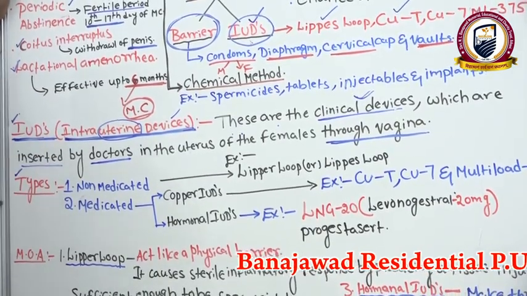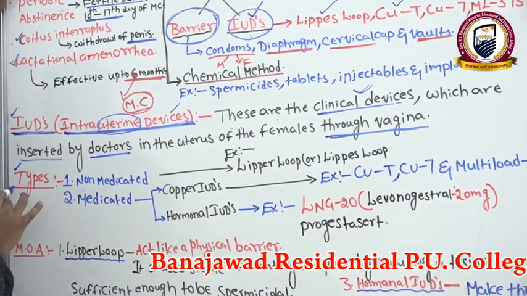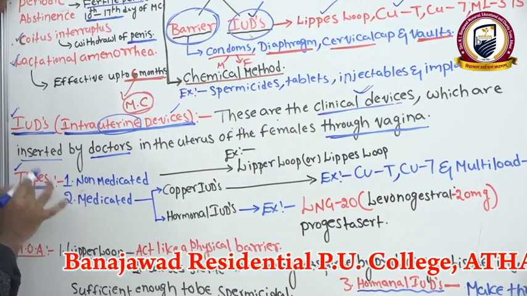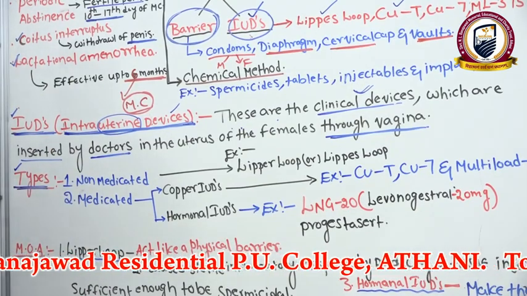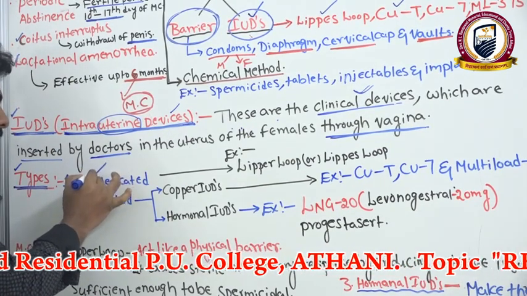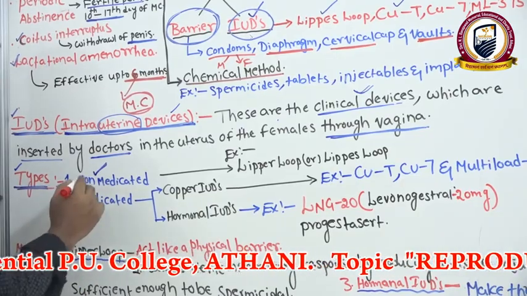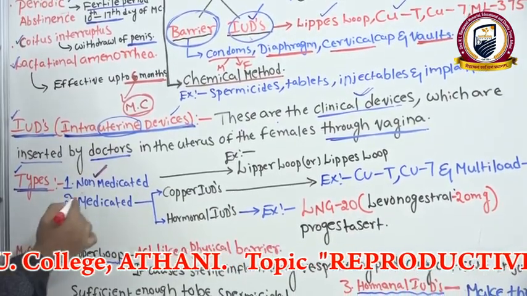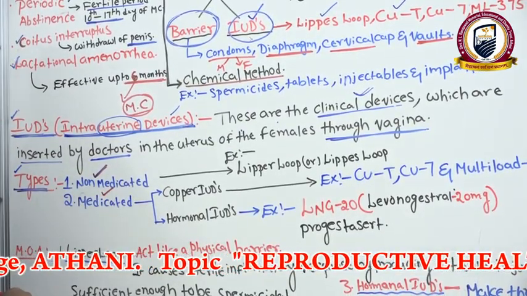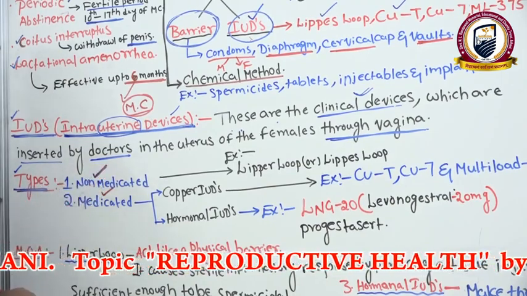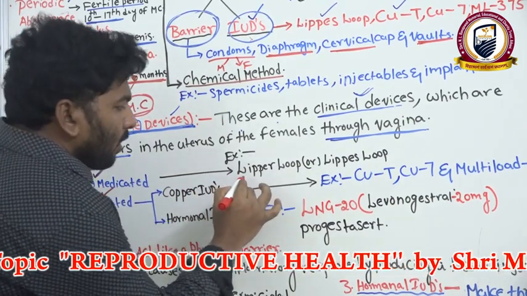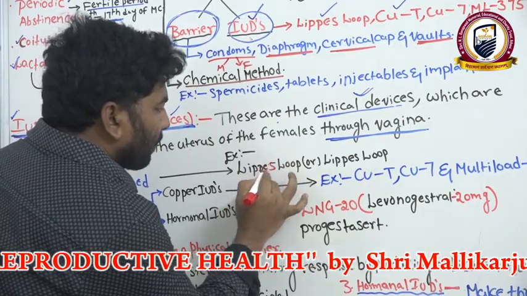Now we will discuss the types. Under the category of intrauterine devices, different types are there. We will discuss one by one clearly. First type is non-medicated. The second type is medicated IUDs. Under the category of non-medicated, we will explain Lippes loop.